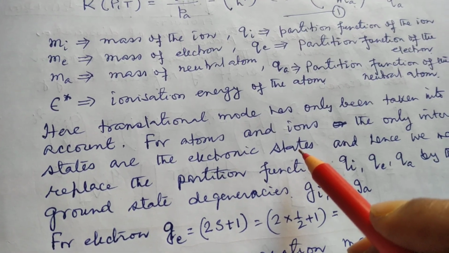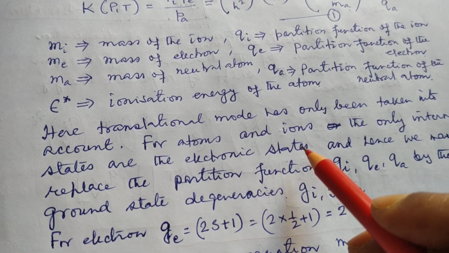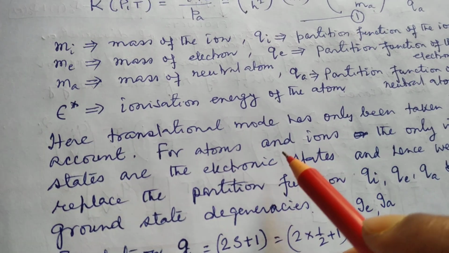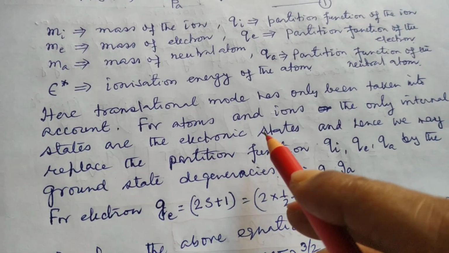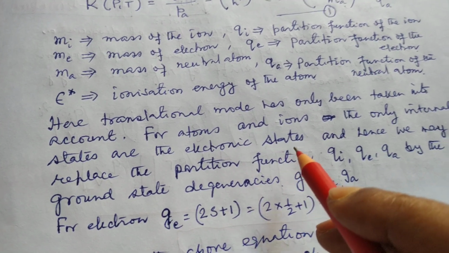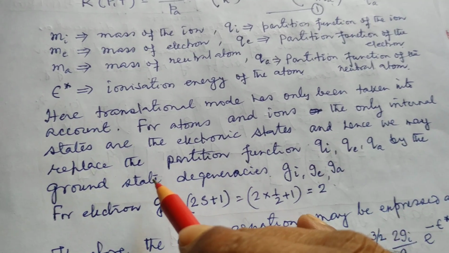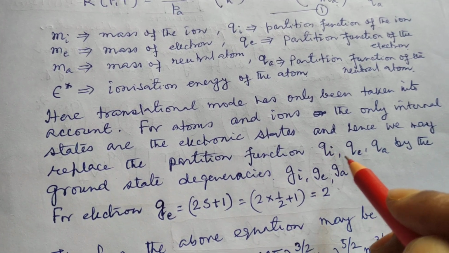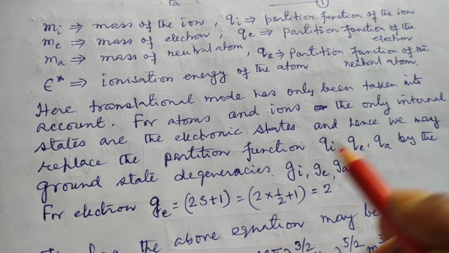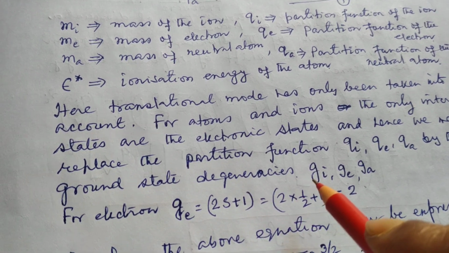So if we include the internal states, for atoms and ions the only internal states are the electronic states, and hence we may replace the partition functions Qi, Qe and Qa by the ground state degeneracies Gi, Ge and Ga.